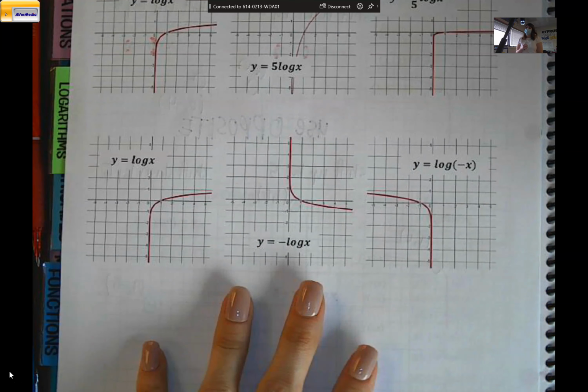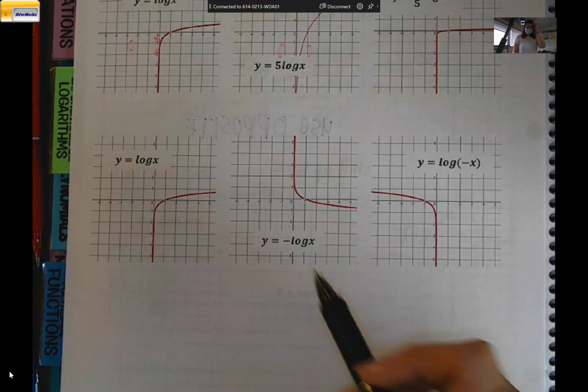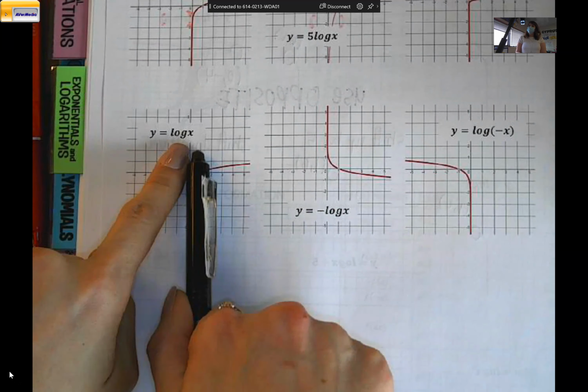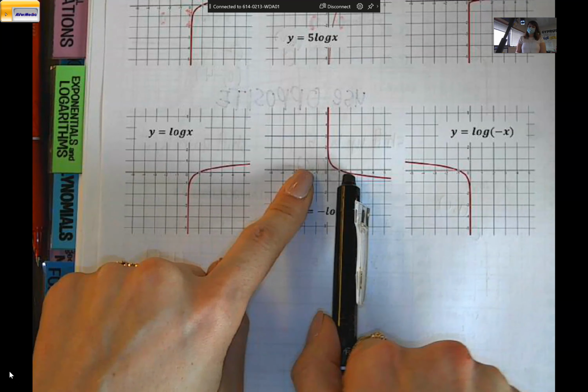So if you flip it over, we're going to look at the last set of functions. The first one is the one that we're used to. This is your parent. This is a horizontal reflection.